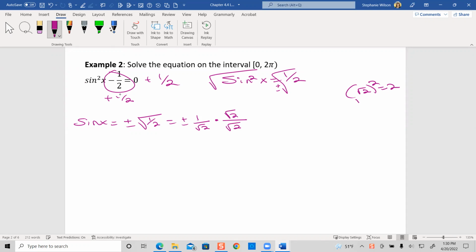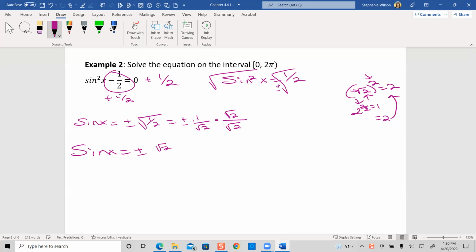And let's come back here. I want to rewrite this another way you can write it. You take the radicand, which is inside the root, raise it to the power, divide that power by the root. 2 divides 2 is 1, and that's how I got this. All right, now that I've done that, I have sine of x is equal to plus or minus 1 times square root of 2.